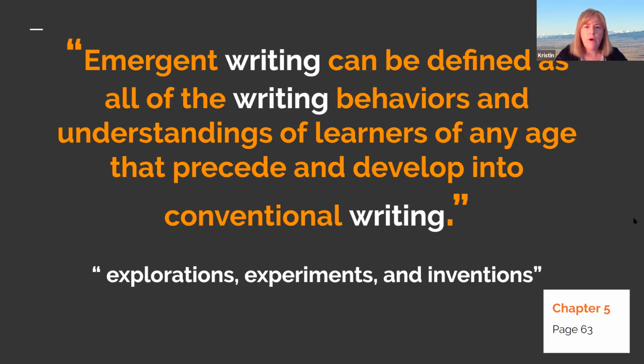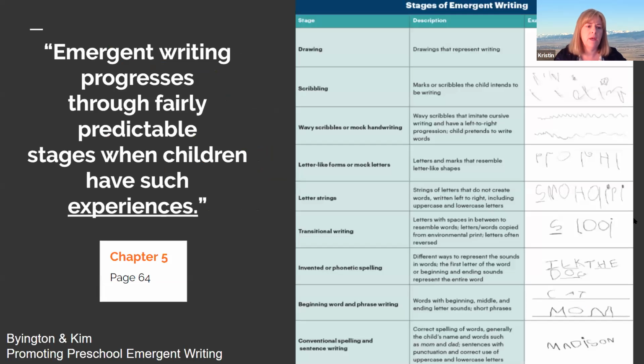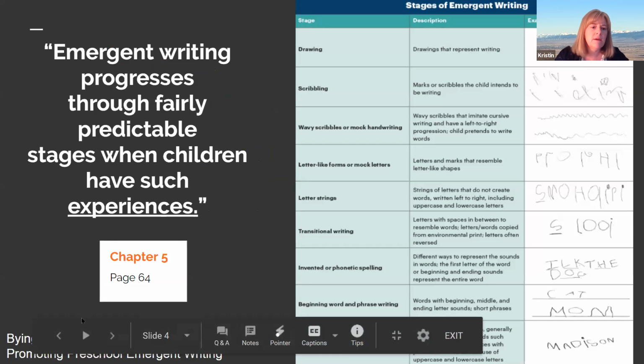So they also mentioned in the book an article by Byington and Kim, and it's promoting, I think, preschool emergent writing. I can't move it out to see the title, I've got something blocking it.